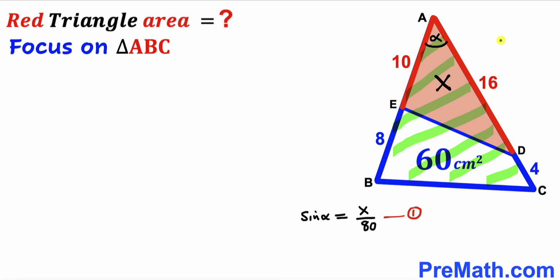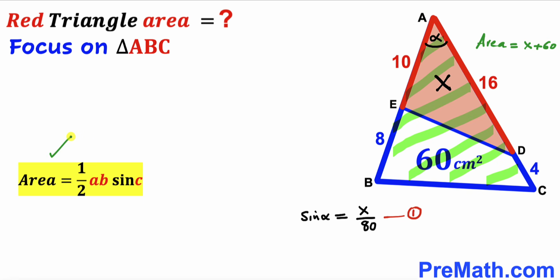Here's our next step. Now we are going to focus on the big triangle ABC, whose total area is X plus 60. So I can write the area of triangle ABC equals X plus 60. Let's recall the area of a triangle formula once again: area equals a half times a times b times sine of angle C. In our case, one side length of this big triangle is 8 plus 10, which gives us 18, and the other side length is 4 plus 16, which makes it 20.